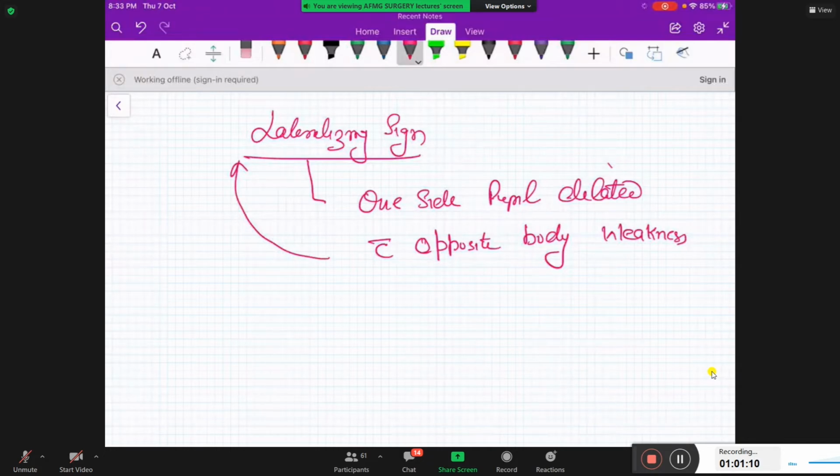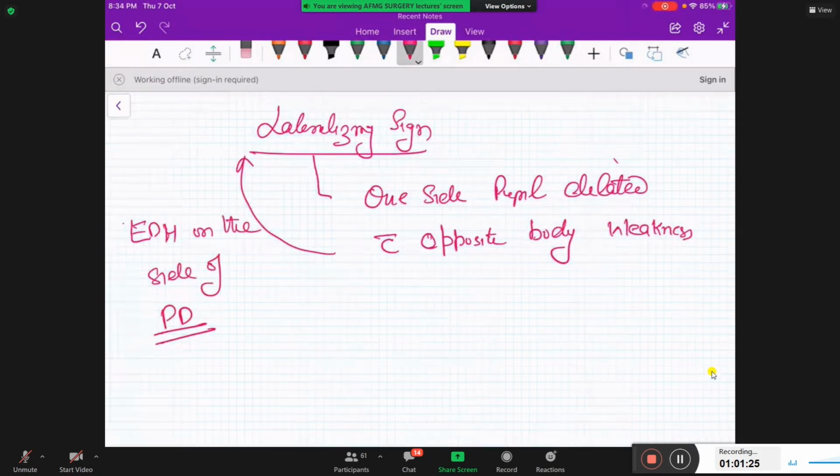And this is a telltale sign. This sign is confirmatory that this patient has an EDH on the side of pupillary dilatation.